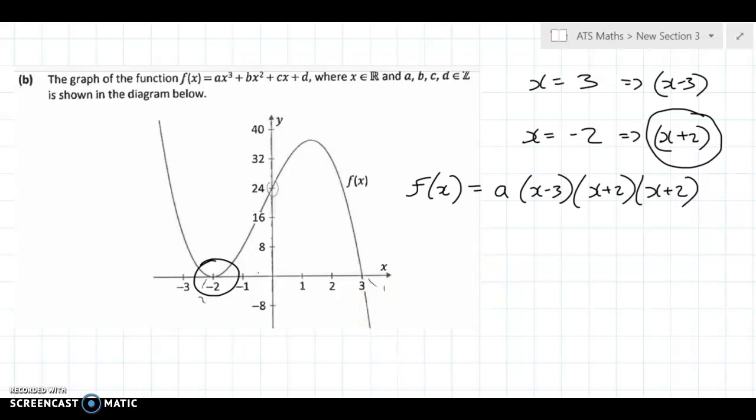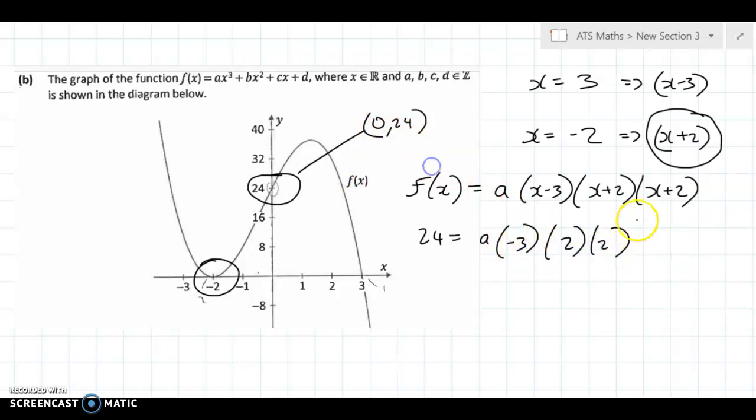And f of x is like y, so we can use this other fact here that the intercept there is 0, 24. So we get 24 for y when x is 0, right? When x is 0, y is 24. So for f of x, we can put in 24 equals a times, now x is going to be 0, so we're going to have minus 3, 2, and 2.